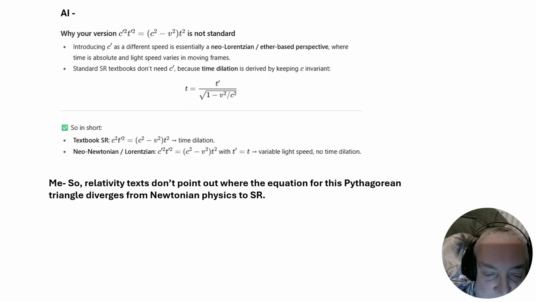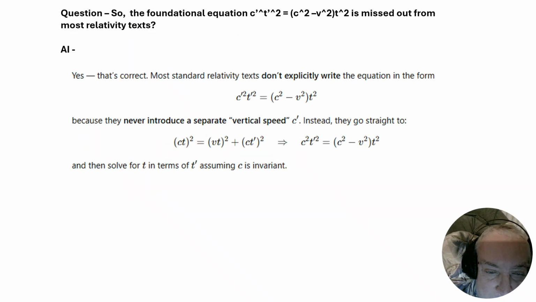So relativity texts don't point out where the equation for this Pythagorean triangle, which they've given to us, diverges from Newtonian physics to special relativity. So my question is, so the foundational equation is missed out for most relativity texts. AI says, yes, that's correct.